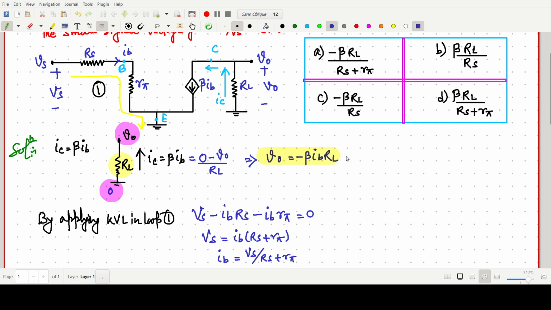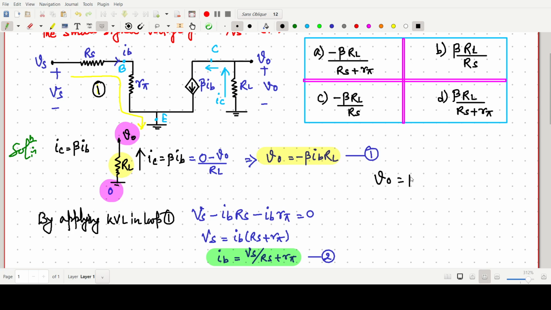Say this is our equation number 1, and this is our equation number 2. From 2 we have derived the value of IB. Now we have to find V naught by Vs, so if we put the value of IB as a function of Vs, we will get V naught by Vs.